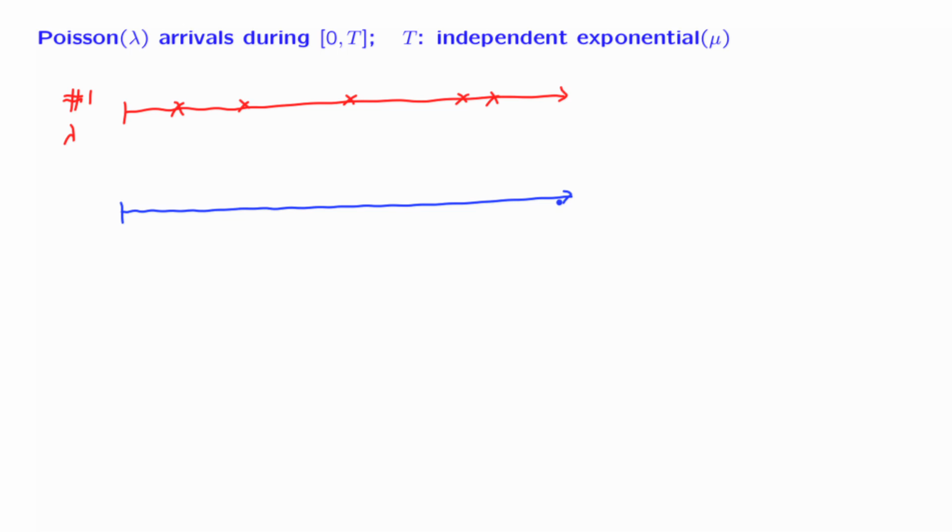So here is what we have. We have a Poisson process. Let's call it the first Poisson process that has a certain rate lambda. And this Poisson process has arrivals at various times. And then we have a random variable, capital T, which is exponential.